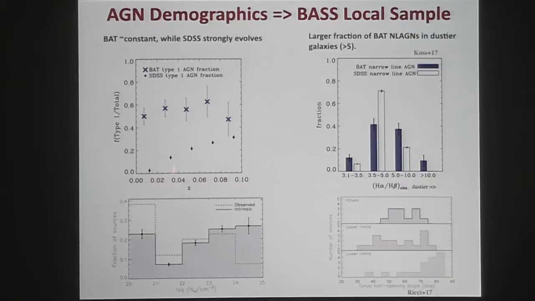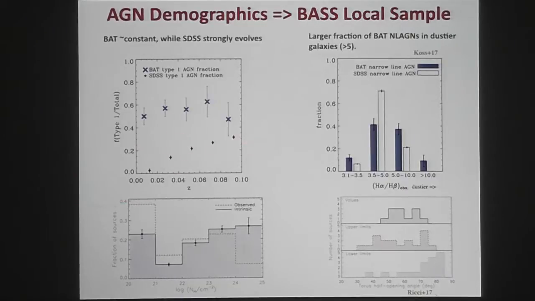So there's clearly something going on here, right? Because Sloan is missing most of these sources. Part of the reason is that Sloan didn't take deep enough spectra to potentially identify the lines in these objects. But there's also a strong bias in the way that the Sloan sources were selected, and that is coming into play here.